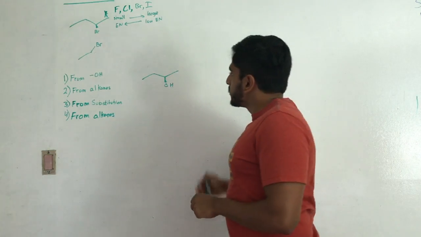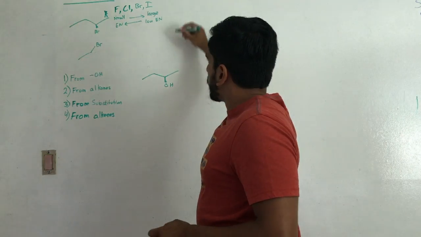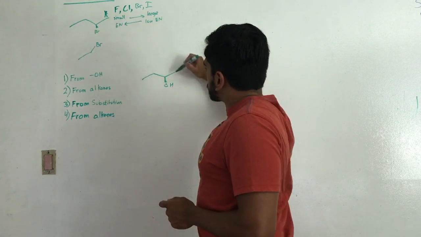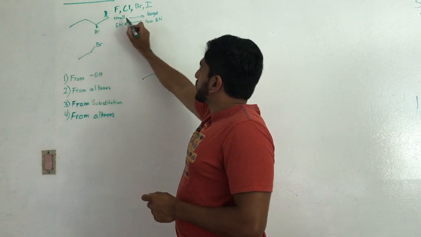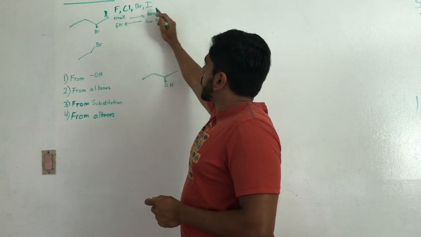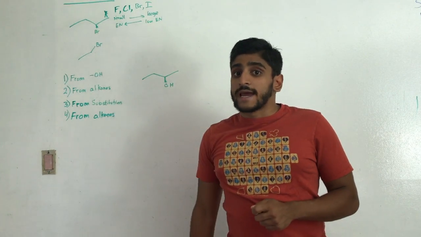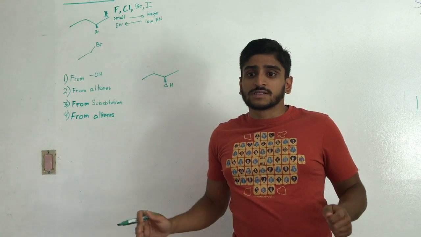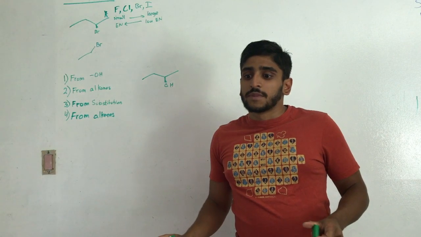So the way you do this is you introduce a halogen acid into the system. So keep in mind that HCl, HBr, and HI are all strong acids. And strong acids tend to deprotonate very easily and tend to ionize very easily.